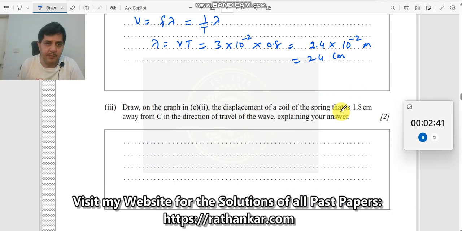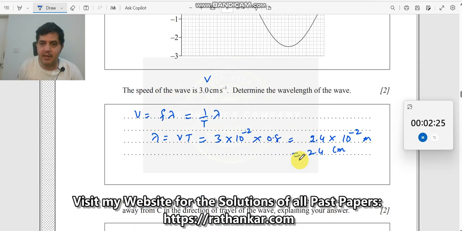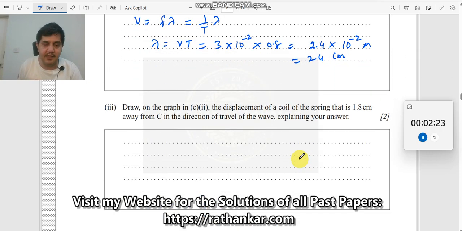So 2.4 centimeters. Then draw on the graph in C2 the displacement of a coil of the spring that is 1.8 centimeter away from C in the direction of travel of the wave, explaining your answer. Now, what is 1.8 centimeter away from C? You got the wavelength over here.